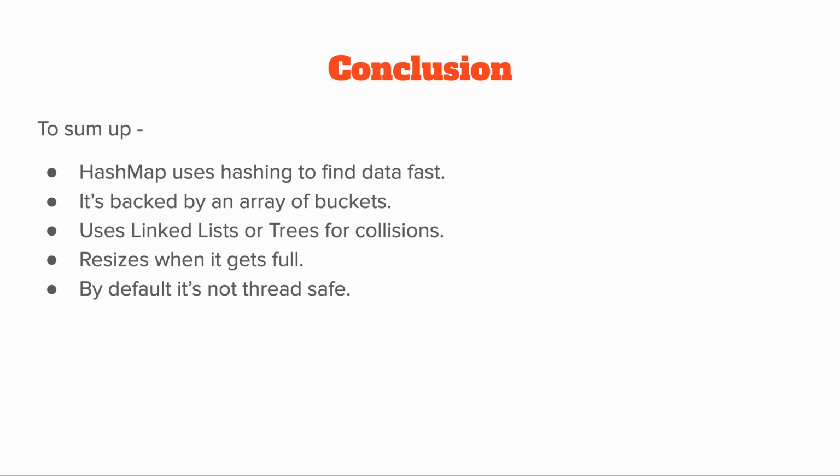It is backed by an array data structure, so internally it creates an array and places the node at the correct index based on the index calculation. It uses linked lists or trees for collision. It resizes when it gets full, and by default HashMap is not thread safe, right?